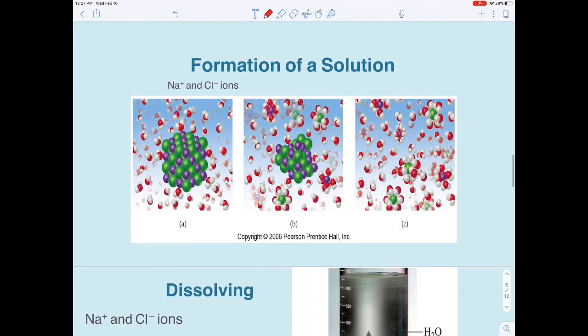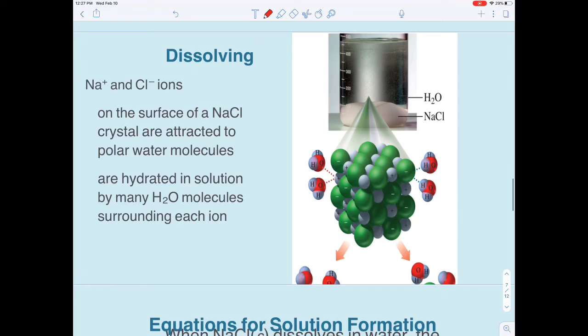So as you just saw, the formation of a solution, how water breaks apart a salt crystal. Basically, the different charges interact with one another. So on the surface of our salt crystal, the polar water molecules are attracted to the charges on a salt crystal.